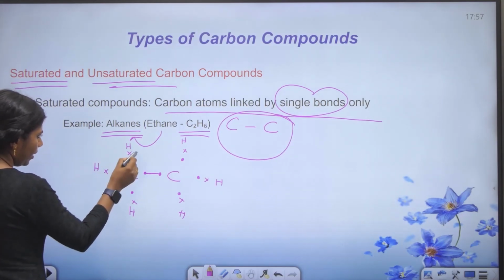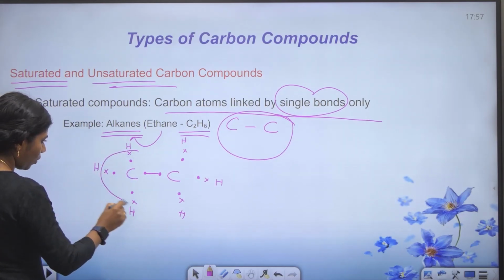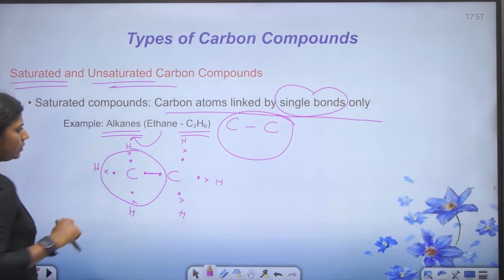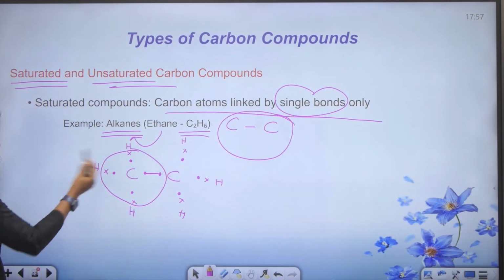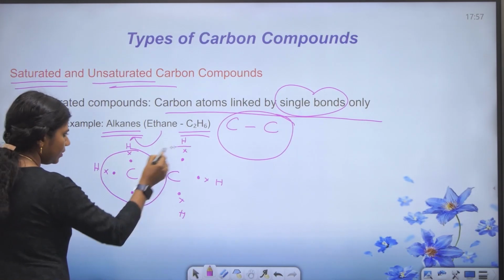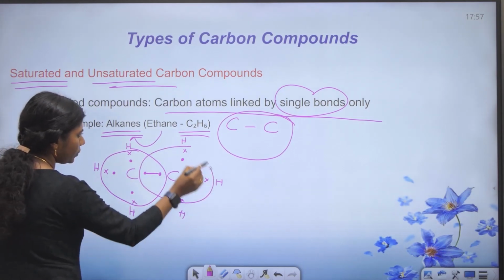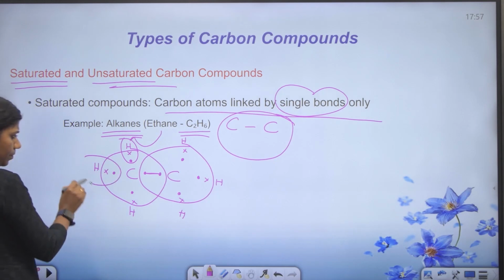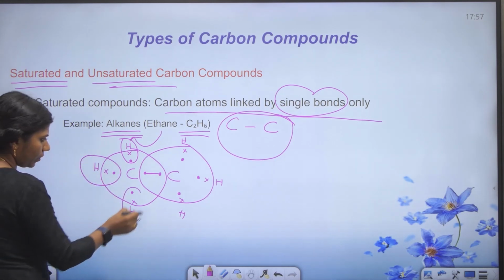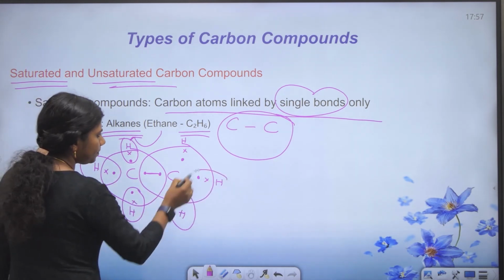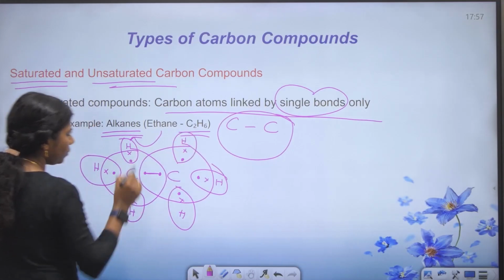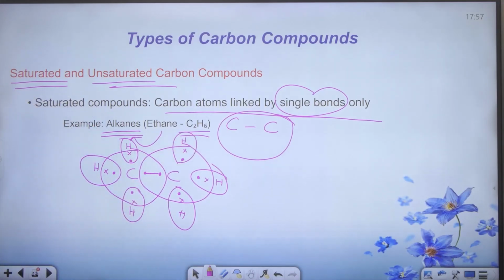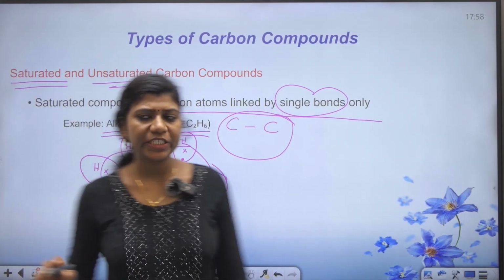Now count the number of electrons present around each carbon atom. Here 8, here also 8. And hydrogen shares this pair of electrons. This is the electron dot structure of C2H6.